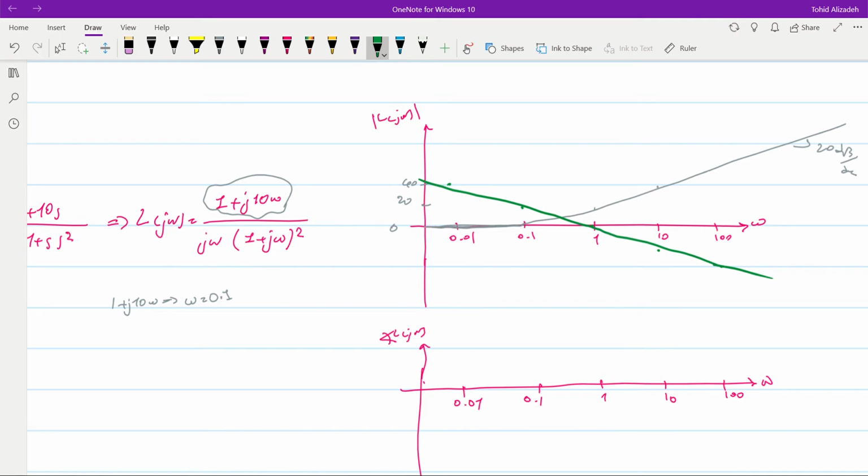And then we have the last term, (1 plus j omega) squared. We have 2 poles with the corner frequency of 1. Therefore, we will have the amplitude equal to 0 dB till omega equal to 1. After that, since we have 2 poles at that point, we will have the slope of minus 40 dB per decade for the amplitude.